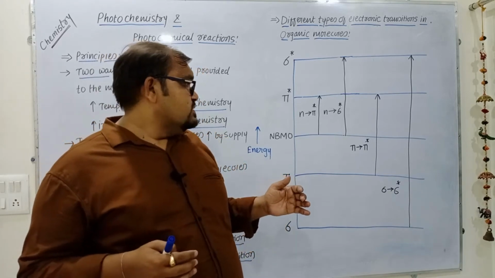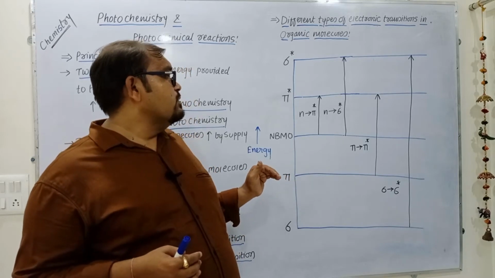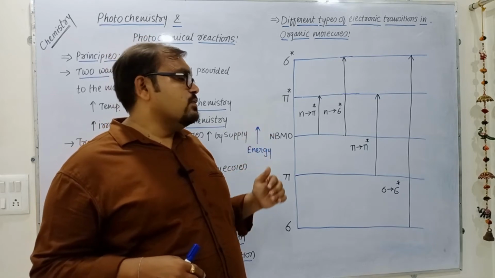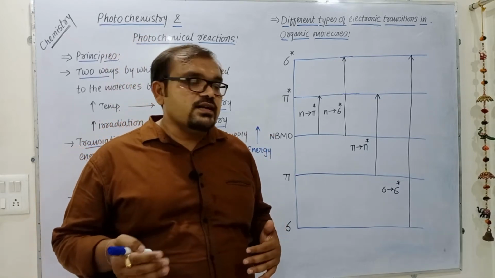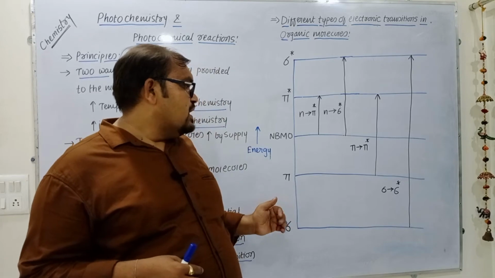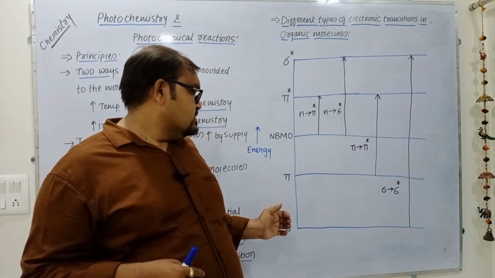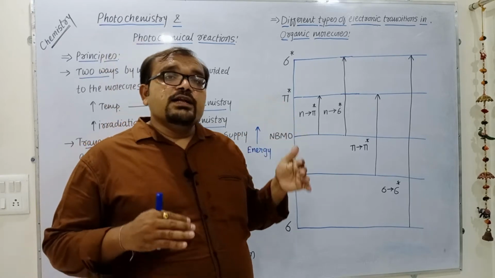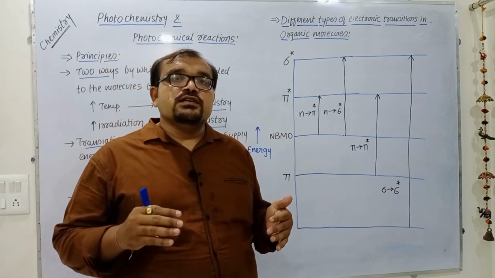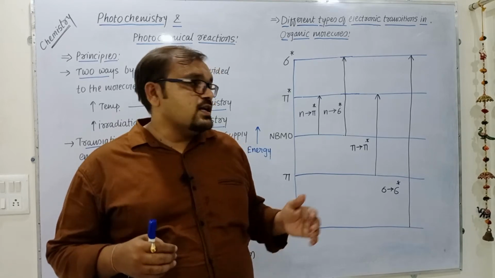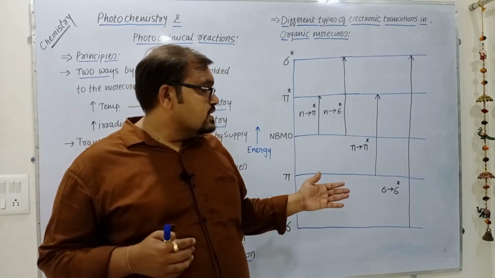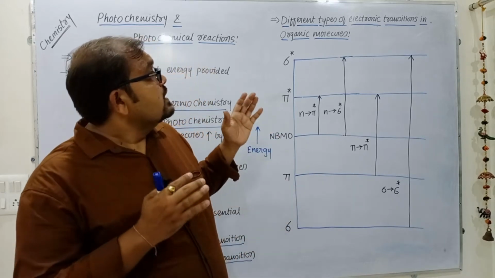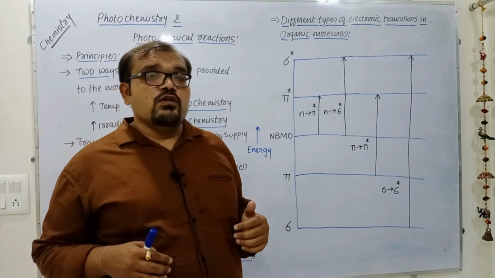Again the third one is pi bonding molecular orbital to pi star anti-bonding molecular orbital, denoted by pi to pi star transition. And last but not least, sigma bonding molecular orbital to sigma anti-bonding molecular orbital, denoted as sigma to sigma star transition of an electron in an organic molecule.